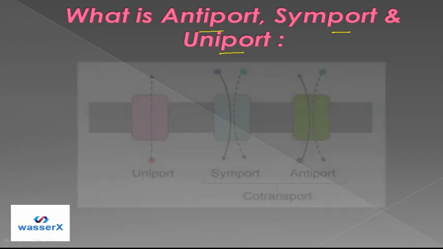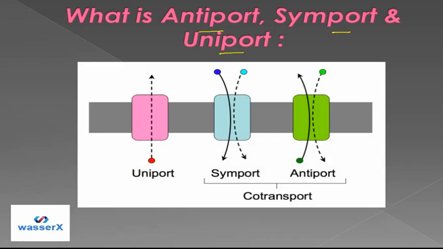When we study active transport, we come across three things: uniport, symport and antiport. This image shows what uniport, symport and antiport are. In uniport, only one molecule will either enter or leave the cell at a time. Symport and antiport are co-transport.